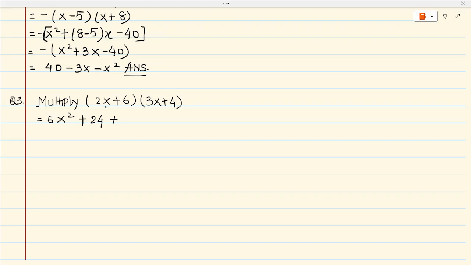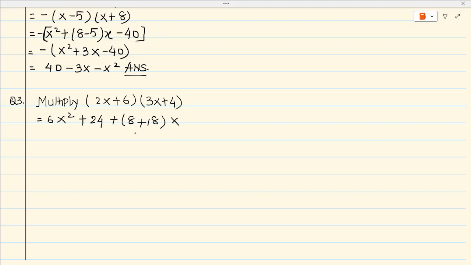Whenever you are applying this type of formula, make the expressions look the same. Like we have x terms first, 2x plus 6, and in the second expression we have 3x plus 4. So first into first, last into last, plus first into last, 4 twos are 8, plus last into first, 6 threes are 18, correct.